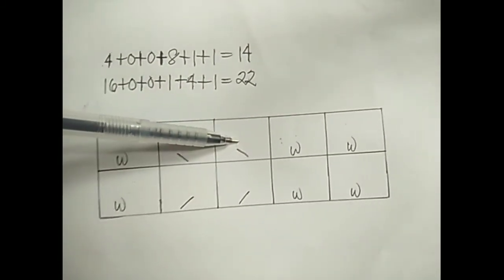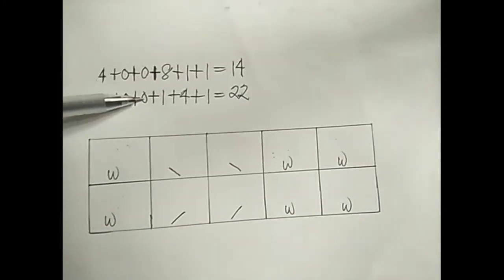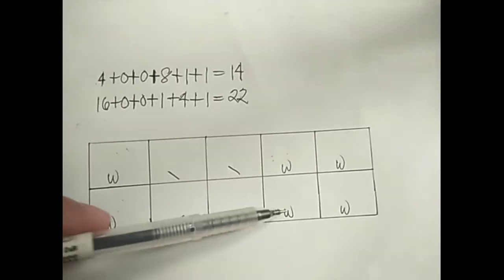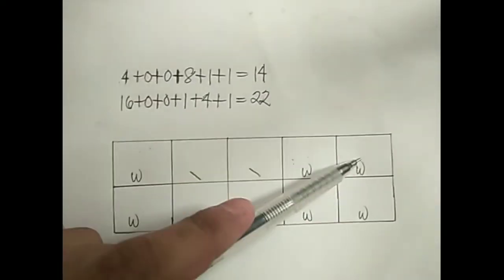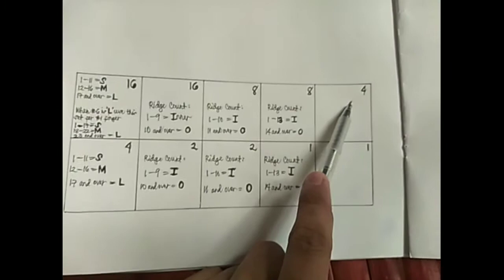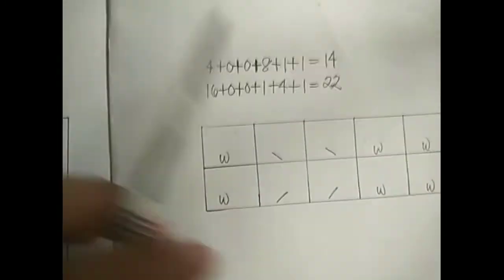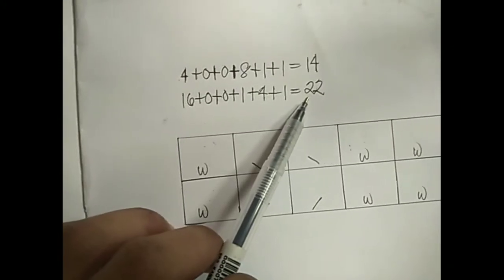Then finger number 3 is an ulnar loop, so 0. Finger number 9 is a whorl, and the value of finger number 9 is 1, so we add 1. Then finger number 5 is a whorl, and the value of finger number 5 here is 4. So we add 4 plus 1, a total of 22. So we write it in the denominator.